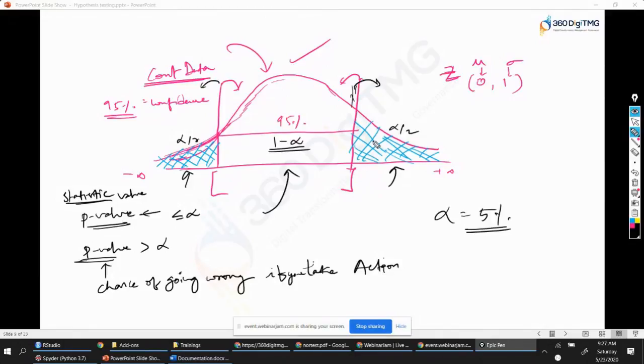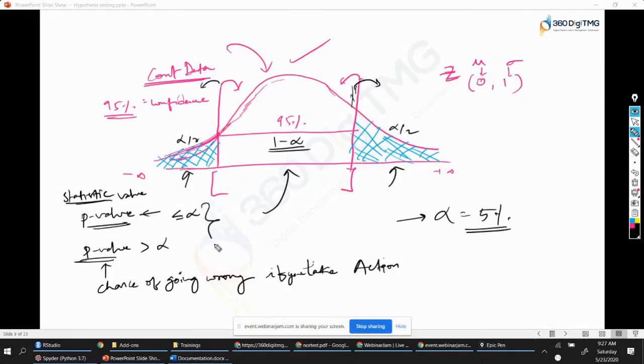When you are estimating, there may be a mistake, right? There might be some chance of going wrong. So industry understands that you're not a god. Statistics understands that we're not god and we cannot estimate with 100% accuracy. So we have an industrial standard of 5% chance.